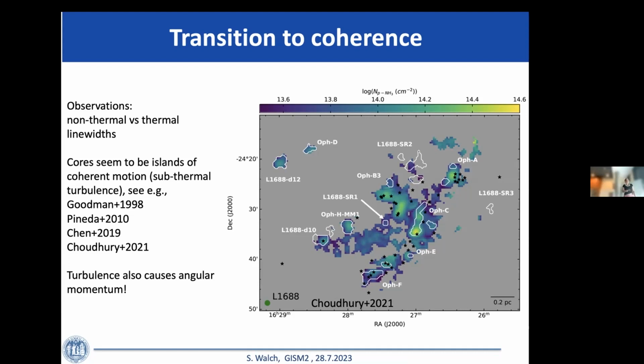And so it seems that these cores are maybe more coherent islands, so to say, in the molecular clouds, which would motivate that we could use cores as isolated initial conditions for studying star formation. However, just because they are islands doesn't mean that they are isolated. They are still accreting and interacting with the environment.